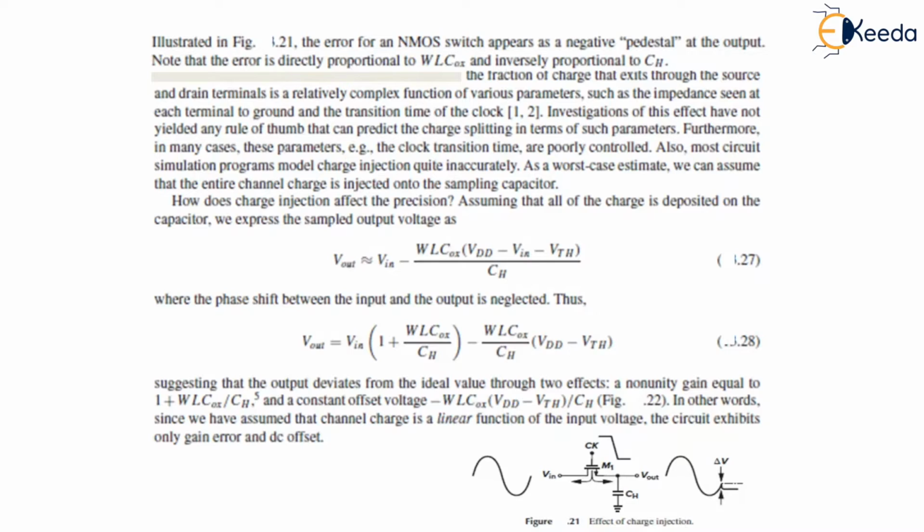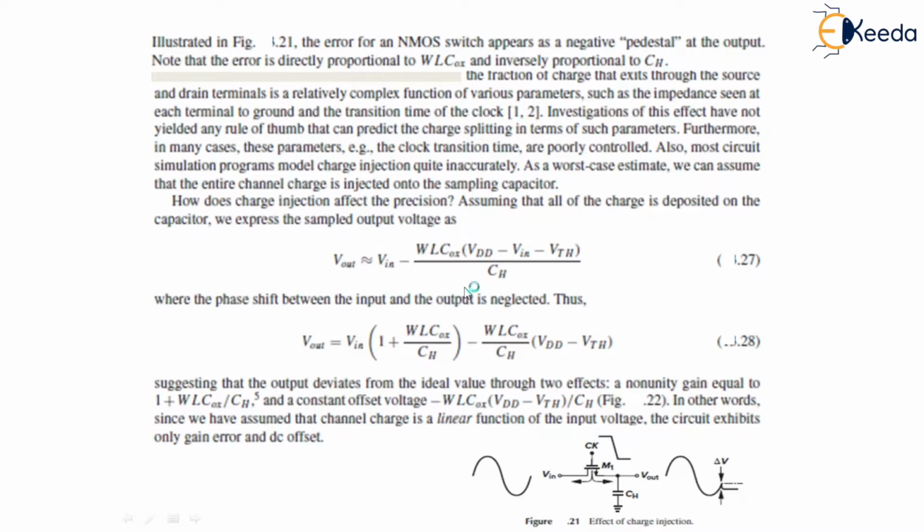So how does this charge injection affect the precision? Let us see. Assuming that all of the charge is deposited on the capacitor, we can express the sampled output voltage as Vout equals Vin minus W·L·Cox(VDD − Vin − VTH) over CH.